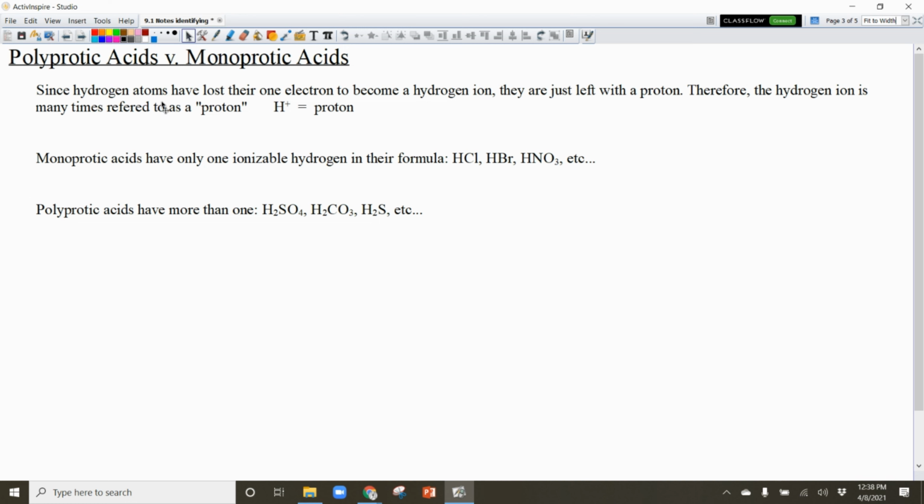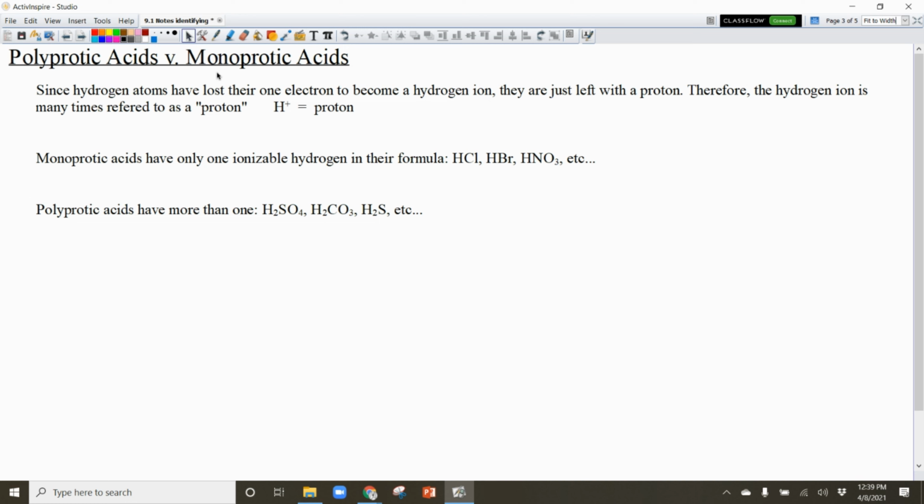Since hydrogen atoms have lost their one electron, the only thing that's left for that hydrogen is a proton, because remember, hydrogen is one proton, one electron. And if you lose that electron, all you have left is the proton. So sometimes hydrogen ions are called protons. So that's where you get this name polyprotic. It's many protons or hydrogen ions.